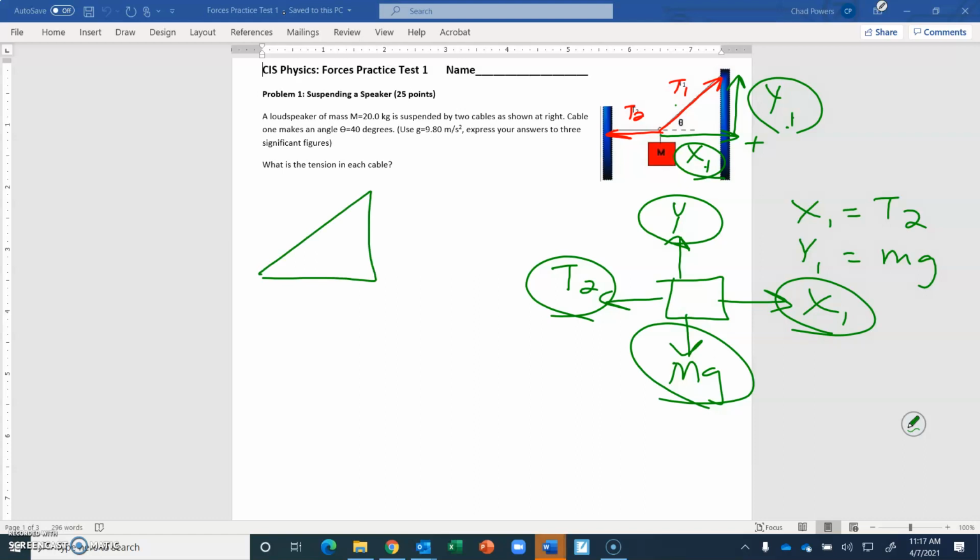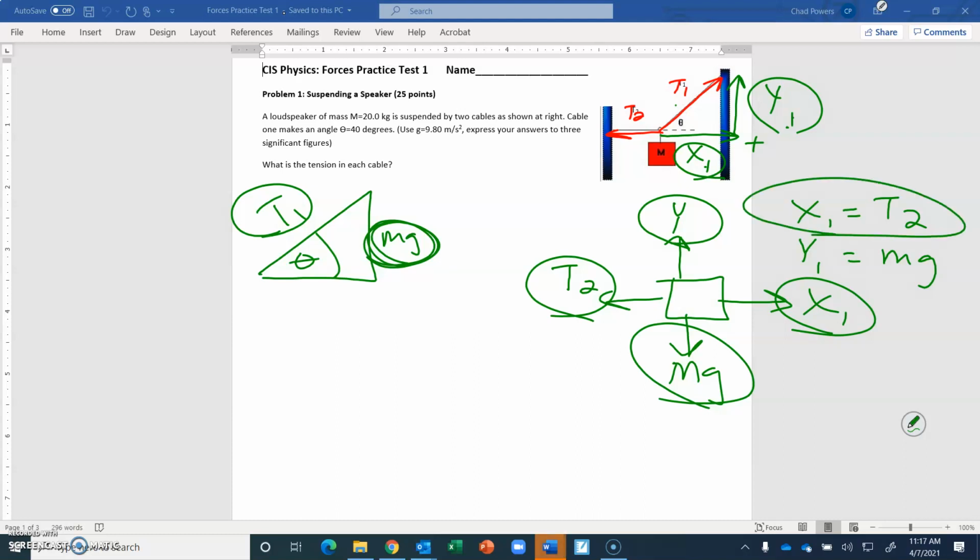T2 is really easy, we don't worry about that. But the triangle over here, the hypotenuse is T1. That's the answer we want. We know that Y1 equals mg, which we know. We know the angle. We also need T2, but it just so happens that they're equal.